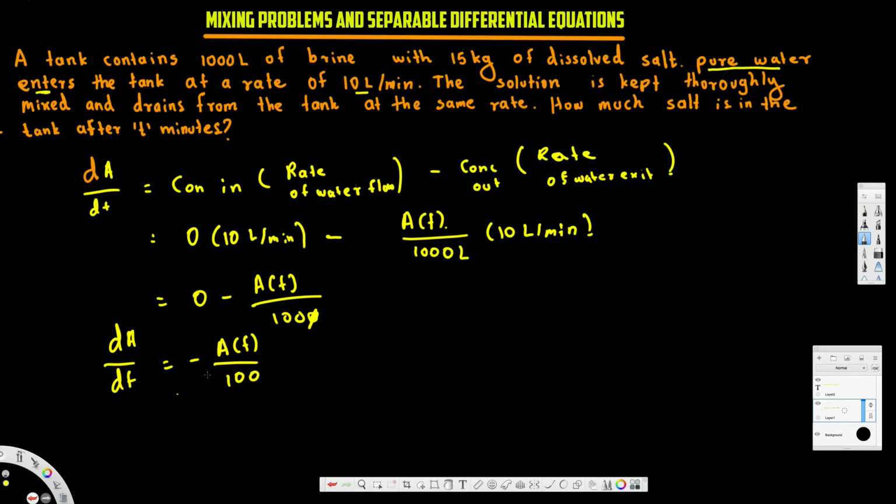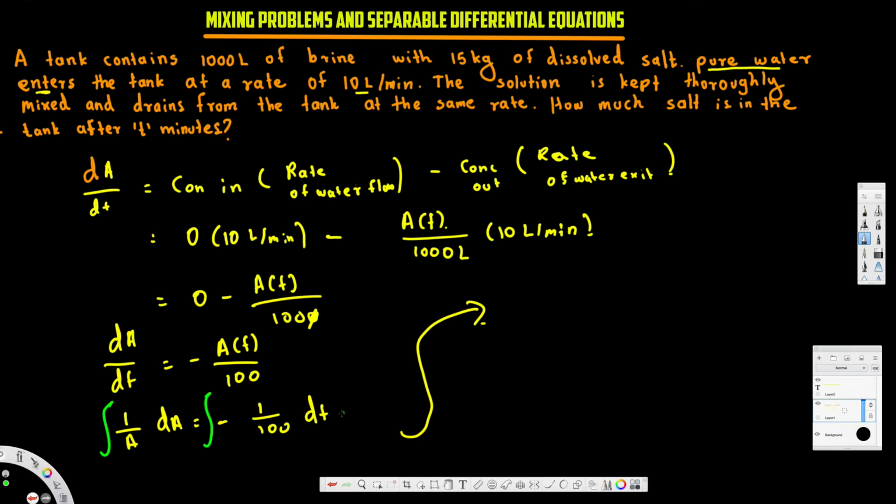From this you can see this is a separable differential equation, so we can move the A to one side and t to the other side. So this is going to be 1 over A dA equals negative 1 over 100 dt. Now we have to integrate both sides.